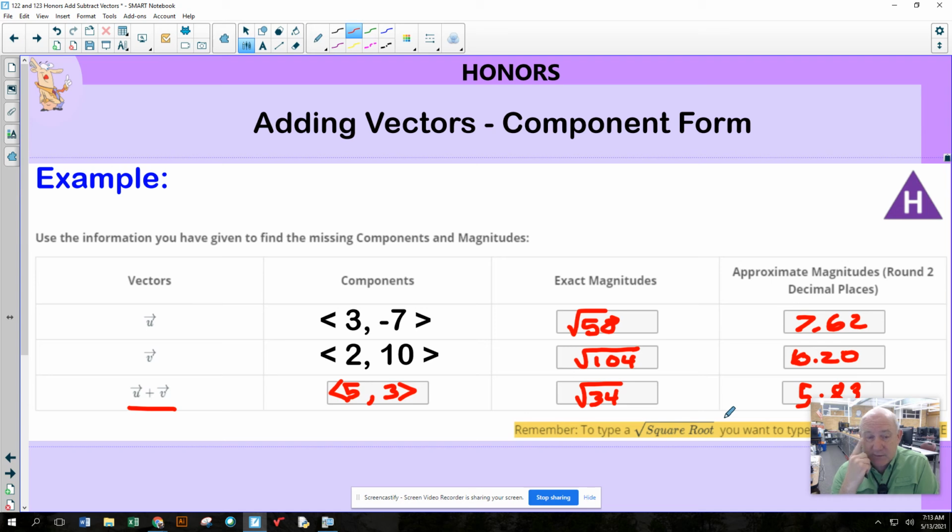This makes sense because this vector here is 3, -7, so if I drew a picture of it, we'll go right 3, down 7, which would be something like this. And then the next vector would be 2 and 10, so go up 2 and, oops, it's kind of crazy, 10, way up here.